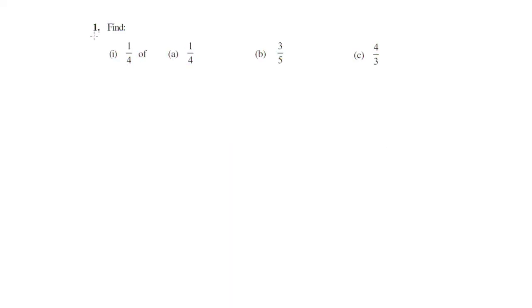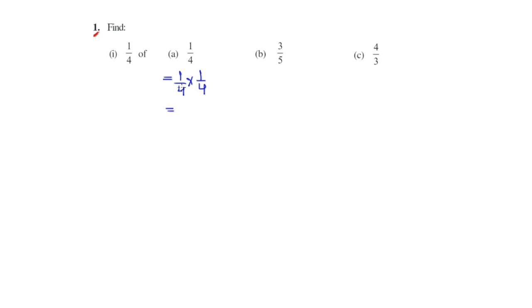Question number 1 says that in the first part we need to find the value of 1/4 of 1/4. To do that, first we will write 1/4, replacing "of" by the multiplication sign, and 1/4. We have already learned how to multiply two fractions.